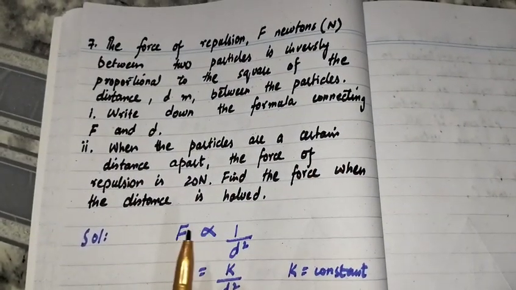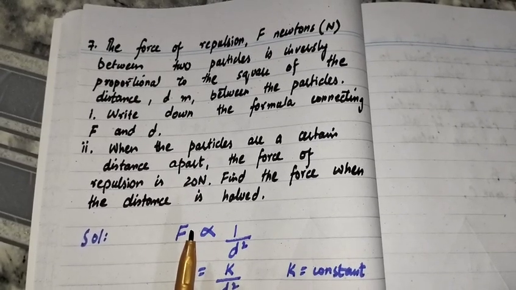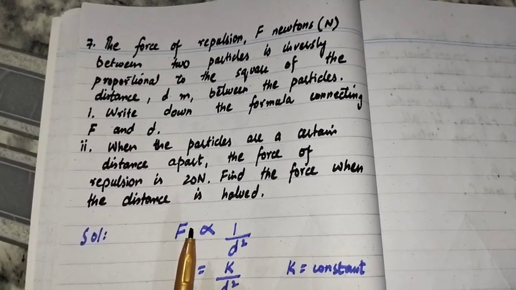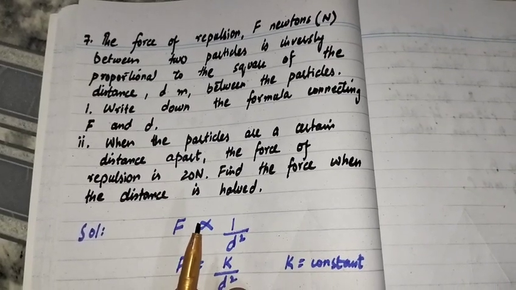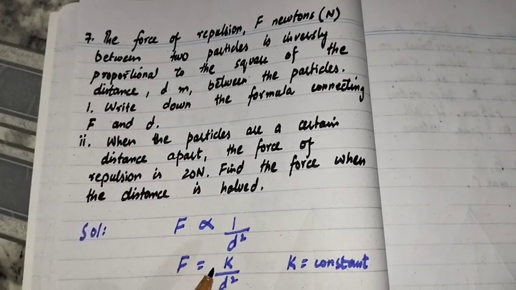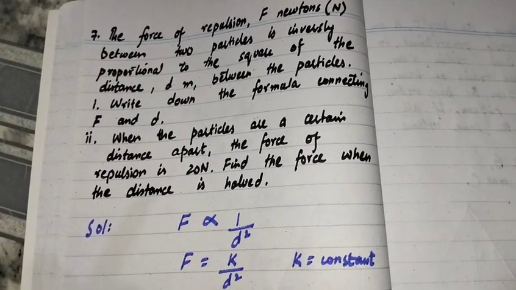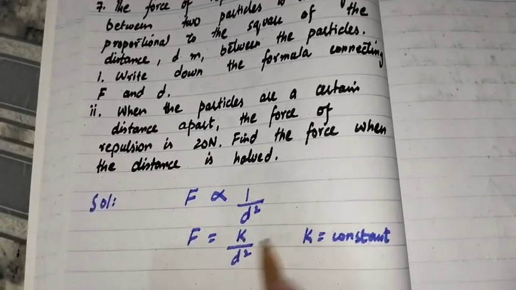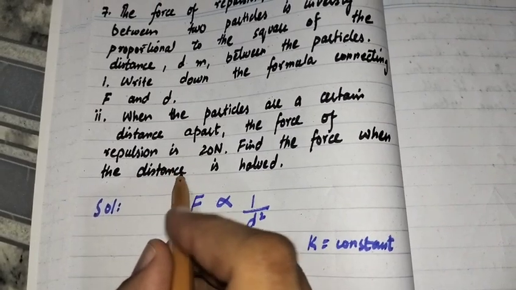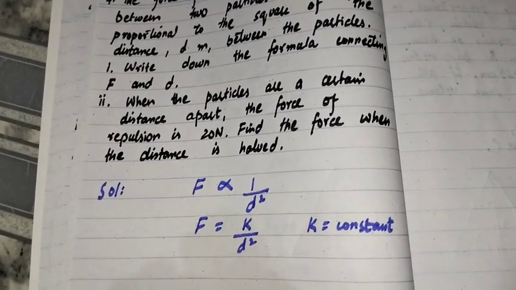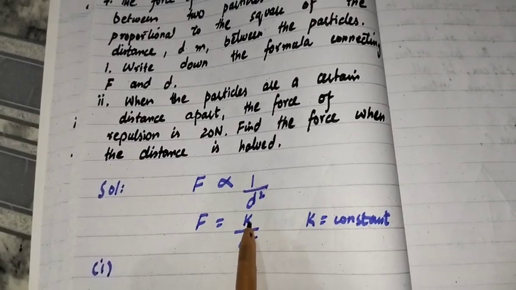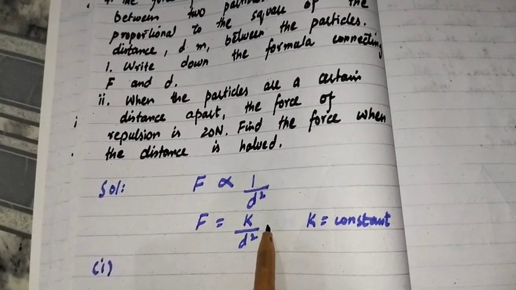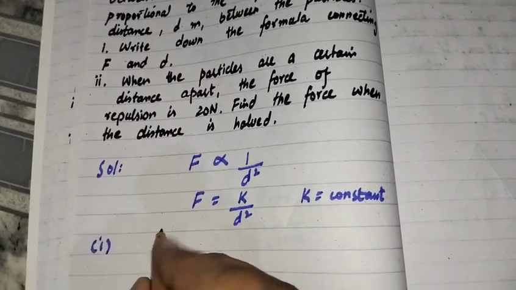The force of repulsion between the two particles is inversely proportional to the square of the distance between the particles. Write down the formula connecting F and d. When the particles are at a certain distance apart, the force of repulsion is 20 Newton. To find the value of k, there is no data given, so we will write the formula in the form of k.